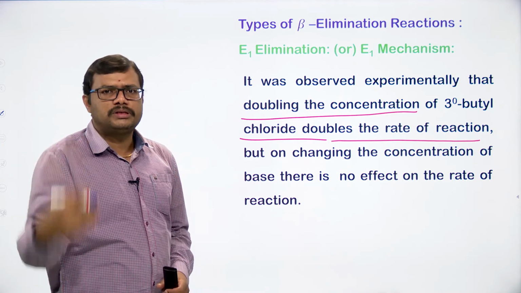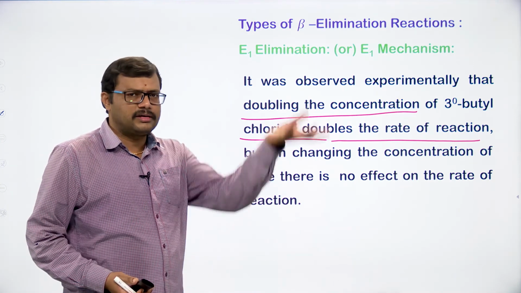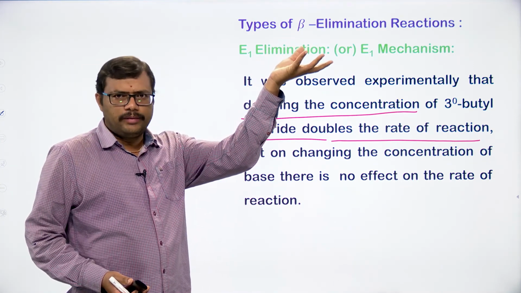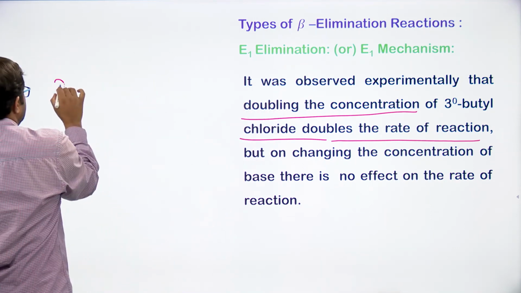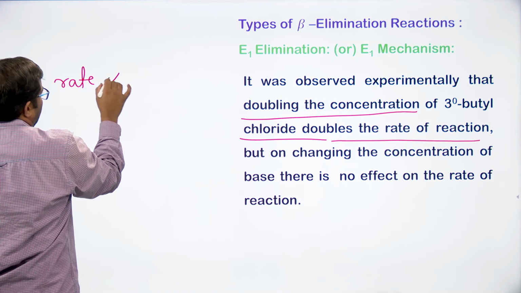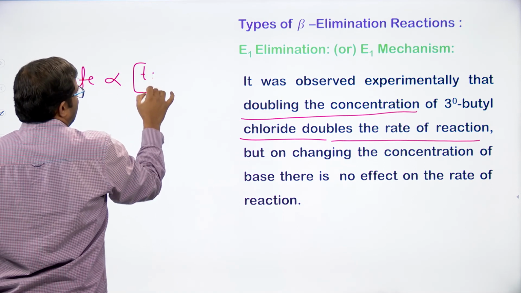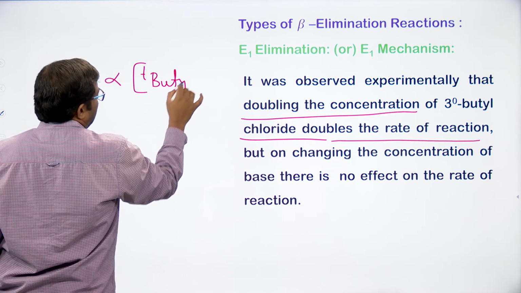Rate also becomes double. When you are increasing the concentration of tertiary butyl chloride by 2 times, the rate also increases by 2 times. What does it indicate? The rate of reaction, velocity of reaction, is directly proportional to the concentration of tertiary butyl chloride.